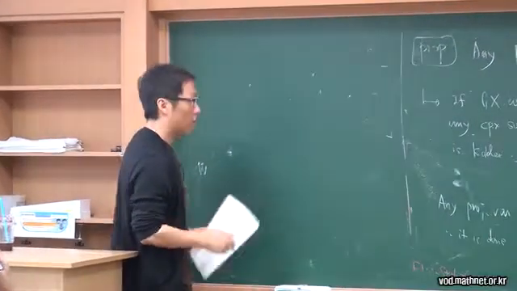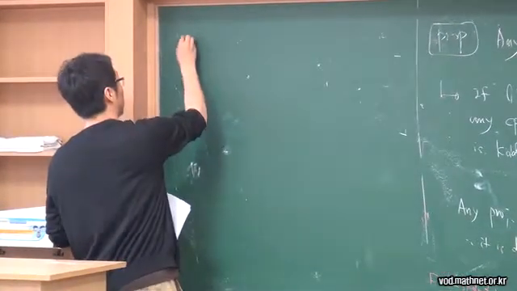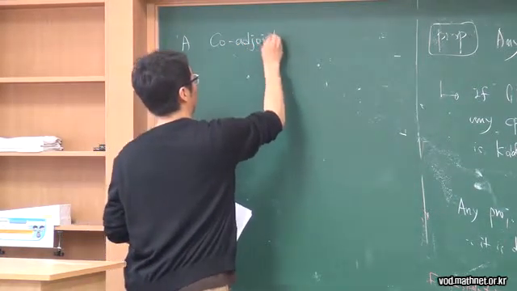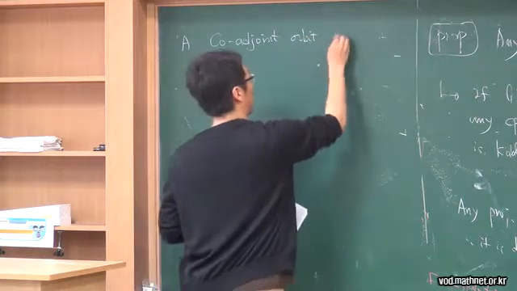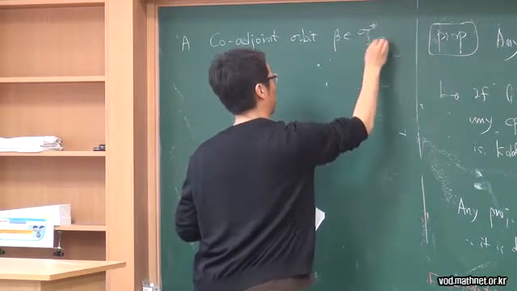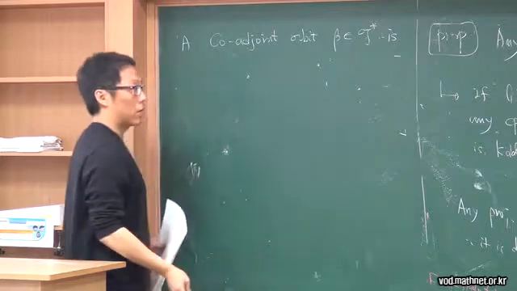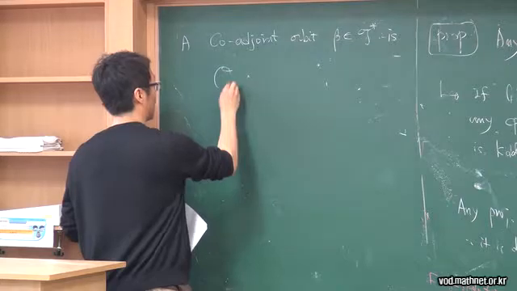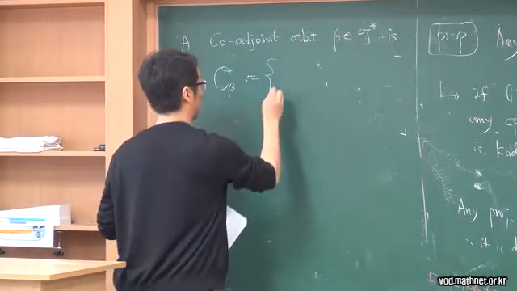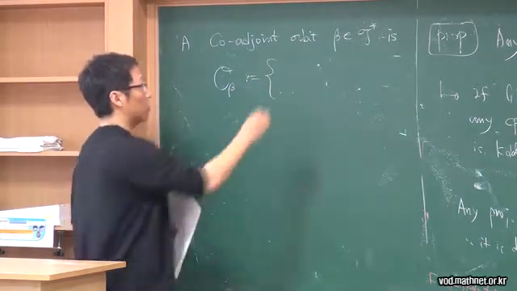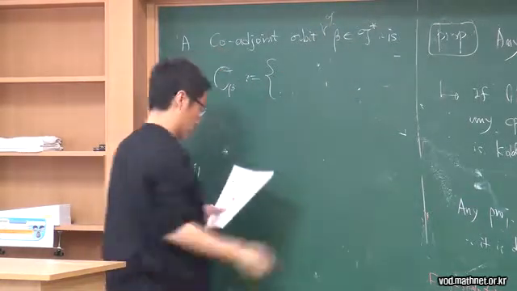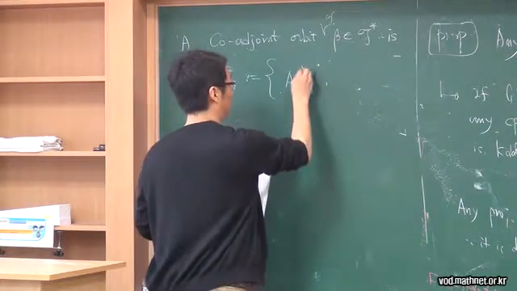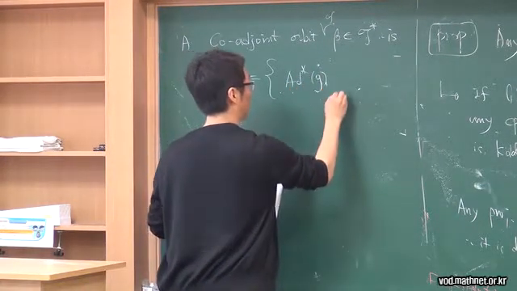Okay, and the co-adjoint orbit of any element beta of the dual Lie algebra is nothing but the orbit with respect to the co-adjoint action, AD star G beta.